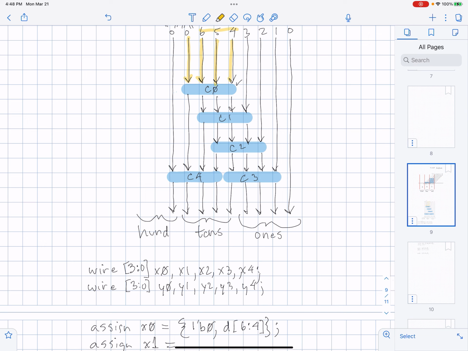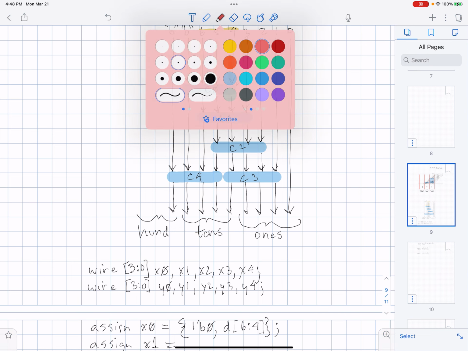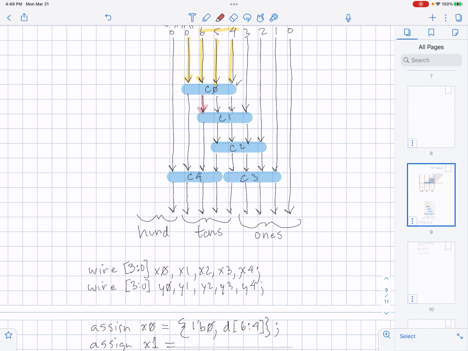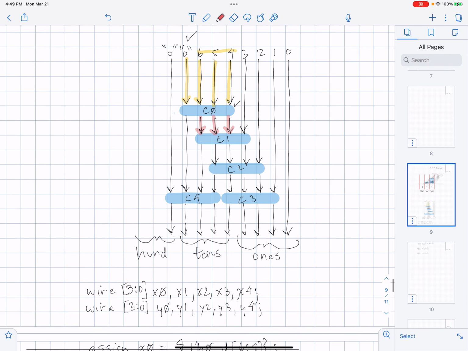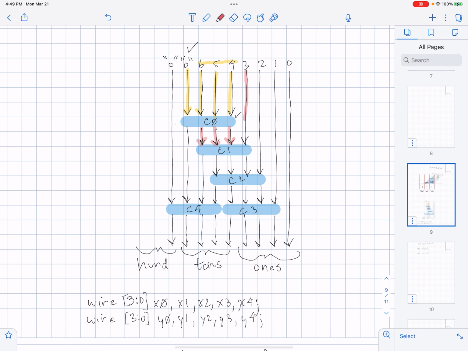Okay, so for X1, let me change colors for this different layer. I see C0 from 2, I'm sorry, from 2 down to 1. Remember, it's 3, 2, 1, 0. And then in the last position of C1, I have D3.